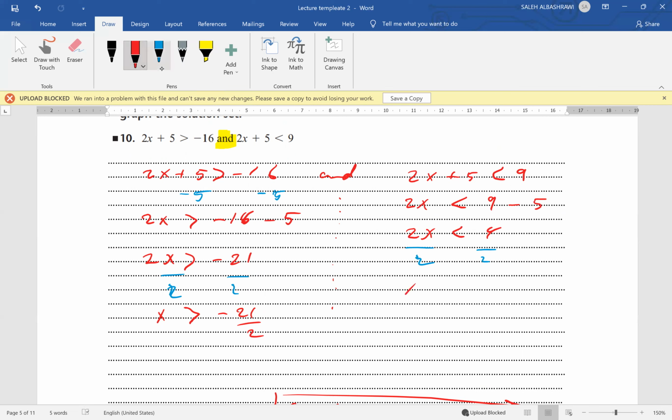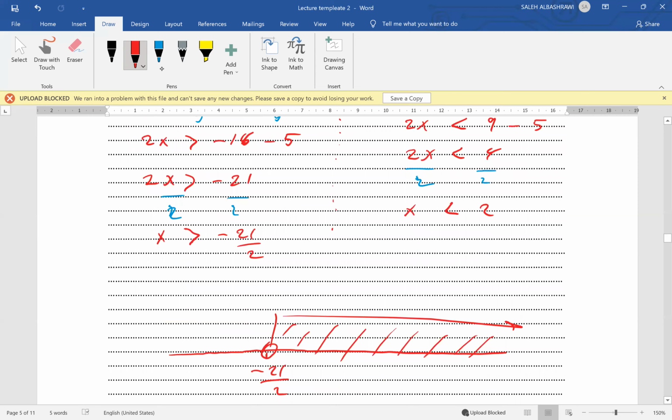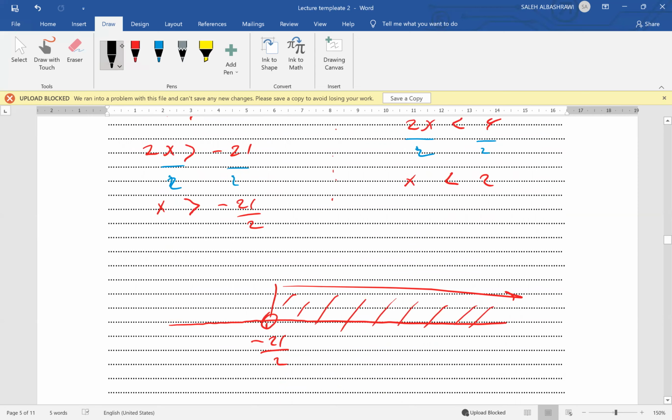I will have x less than 2. So x is less than 2. We know that 2 is positive, it is on the right side. Let's say if this is 0, this is 2. So 2, open. And less than means go to the left.